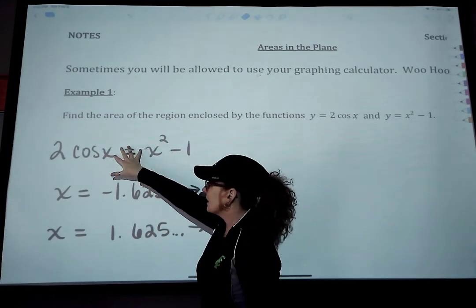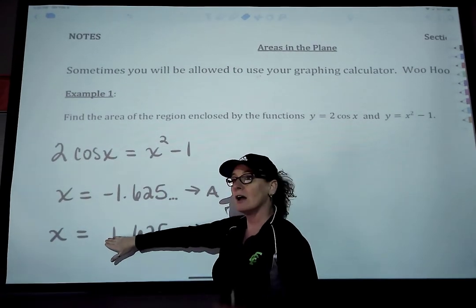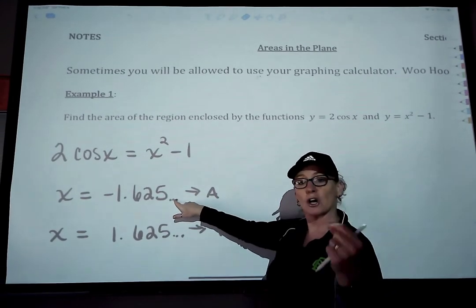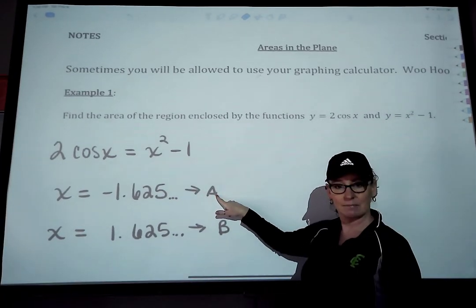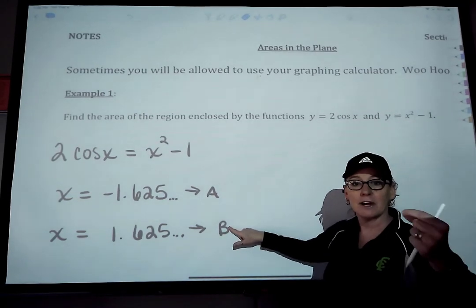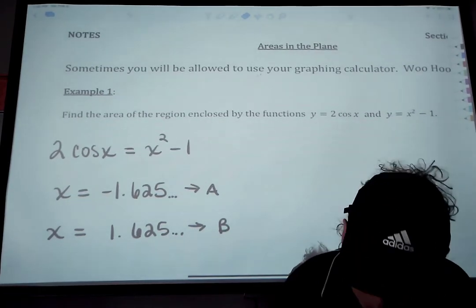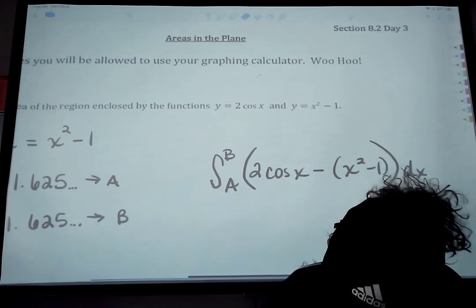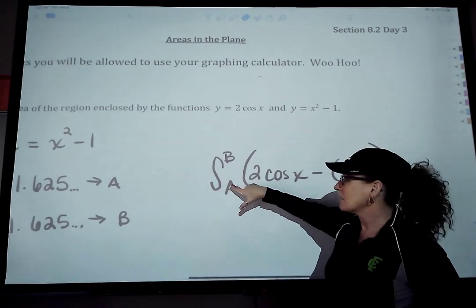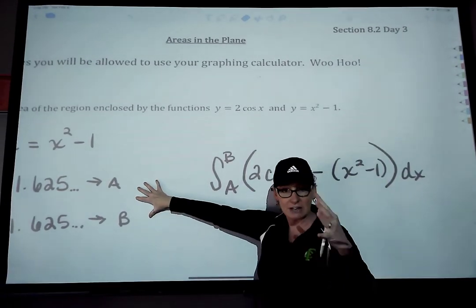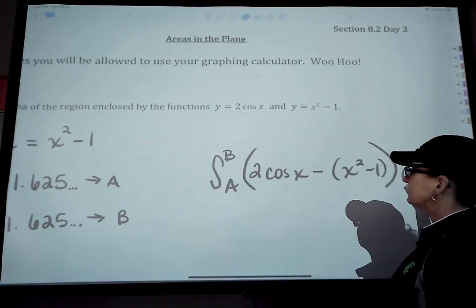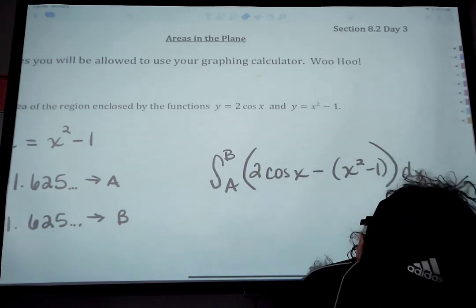So, I got my two x values of my intersection, and this is important. Show that you stored this whole value as A, and show that you stored this whole value as B. Therefore, when we go to set up our integral, you don't have to write the value, you can just say I'm going from A to B, the stored values that I've acknowledged on my paper, and then you can go top function minus bottom function dx, and then you can give your answer, which I don't think I ever did.